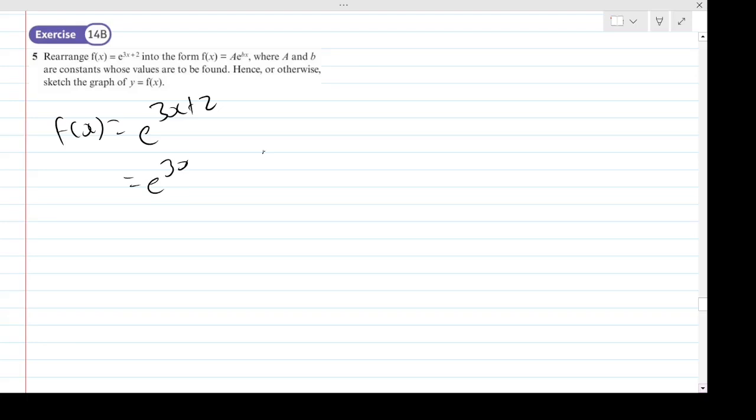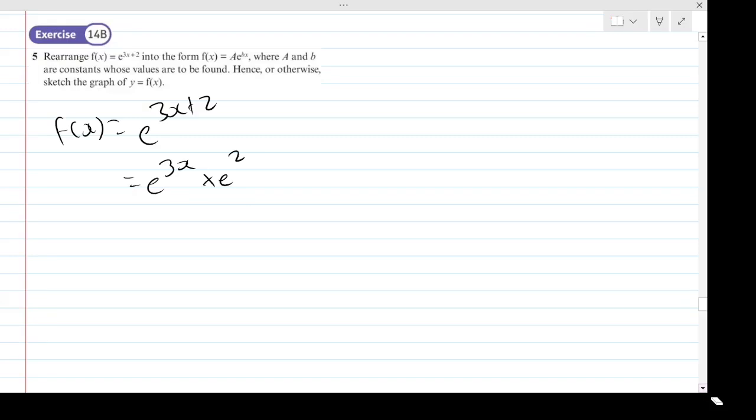So it's e to the 3x times e to the 2. That's a power law, saying a to the m times a to the n is a to the m add n. Again, you need to be comfortable with power laws. They come up all the time. So we can split up the exponential in this way, and so actually that is in the form here.